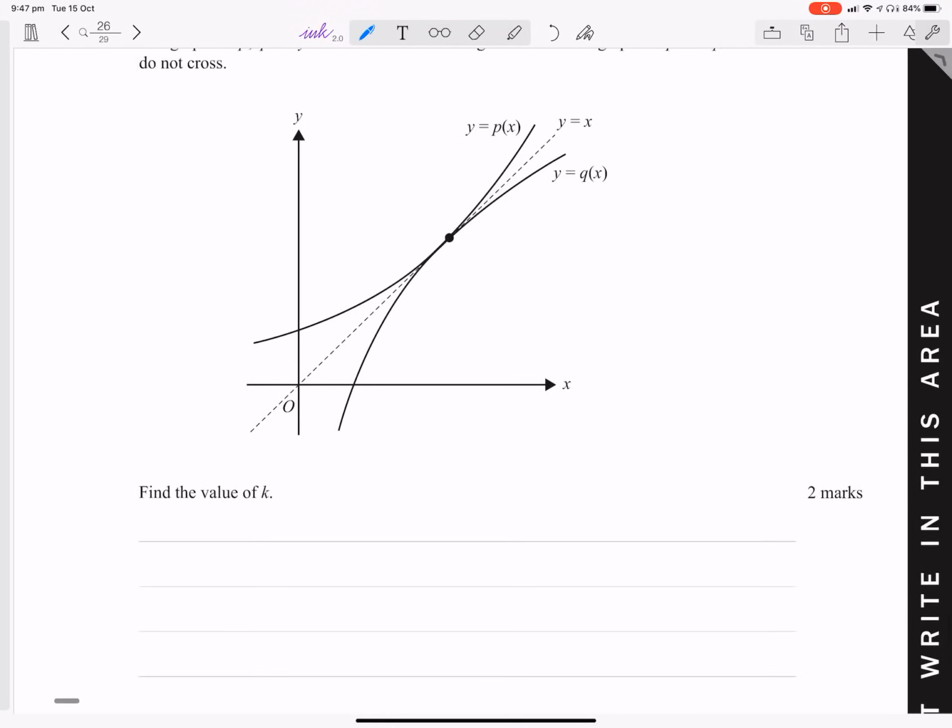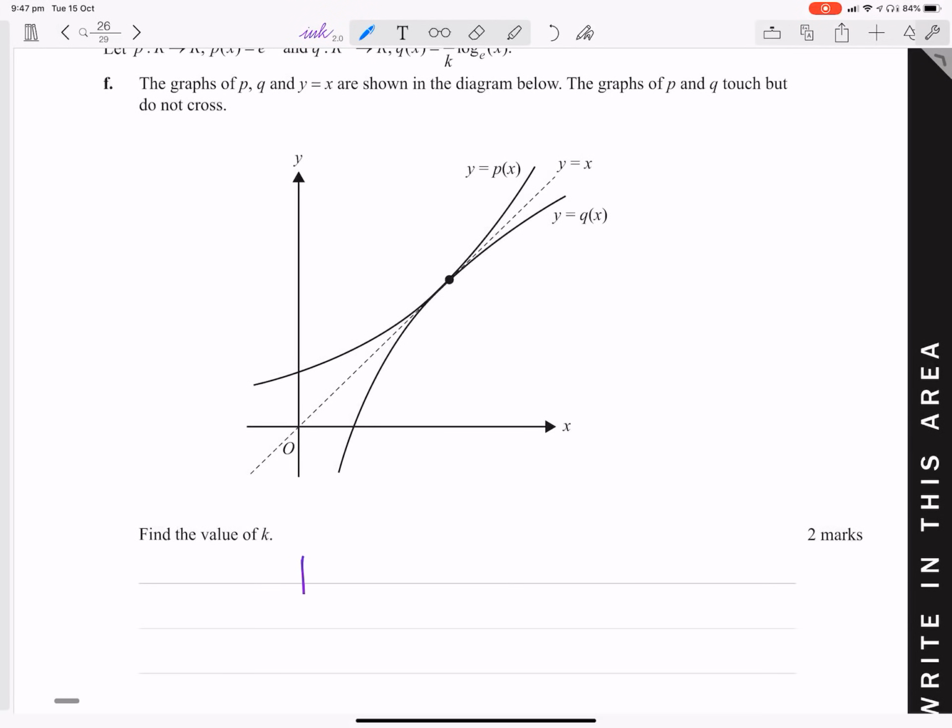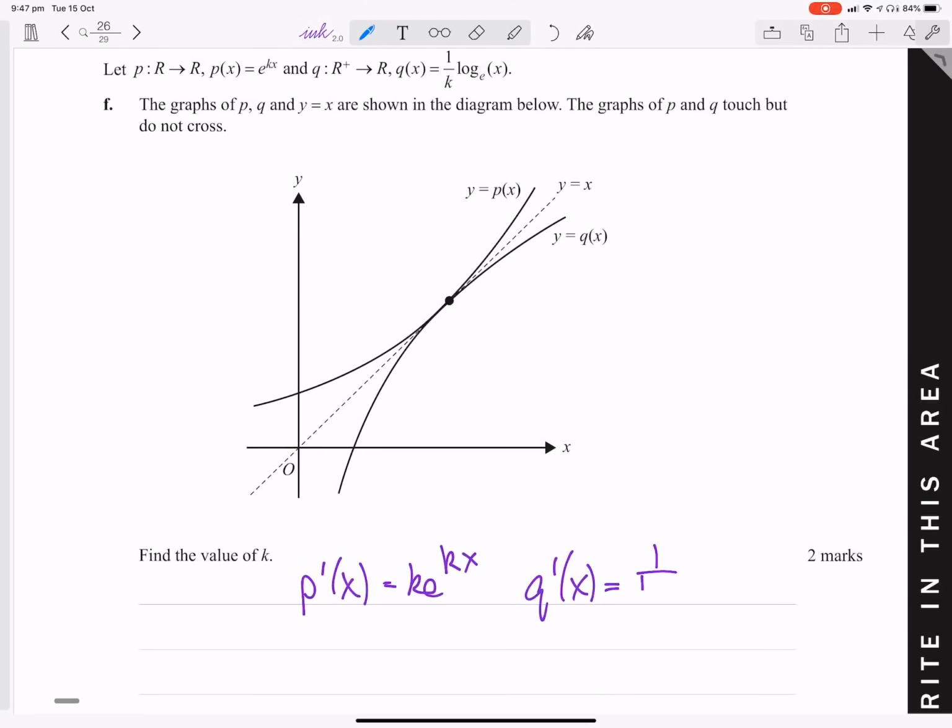So p dash of x is ke to the kx. Q dash of x is 1 on k times 1 on x, so 1 on kx.